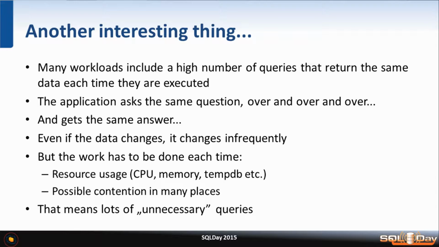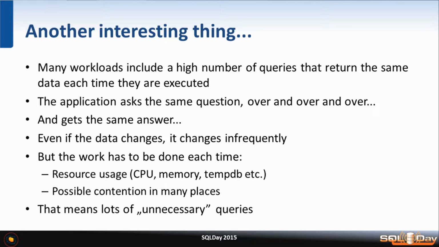querying your server. Even if the data changes, it changes infrequently. But the work on the server has to be done each time, because SQL Server does not cache the query results. It caches execution plans and data pages. So it actually runs your query every time you ask. Even if it's select star from this table, that result needs to be assembled and sent over the wire to your application, and that takes server resources.